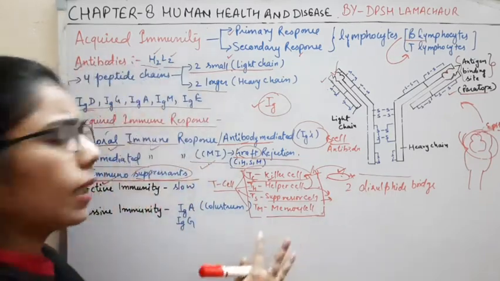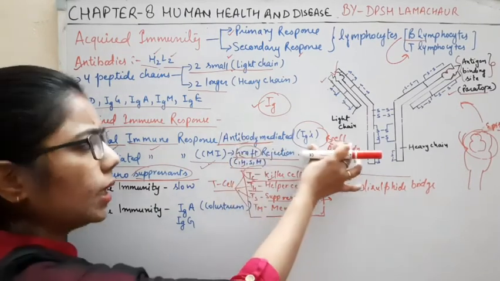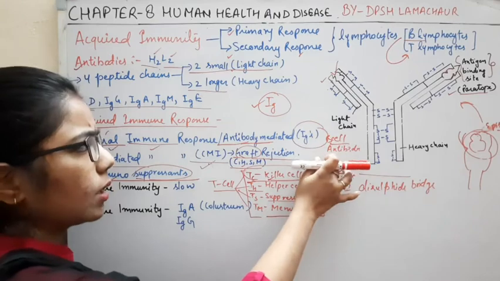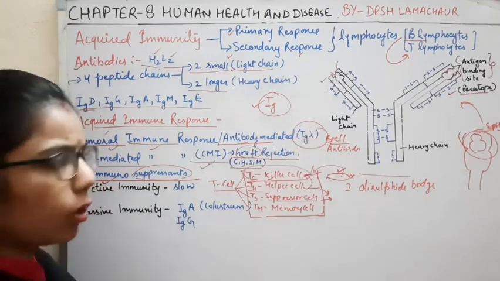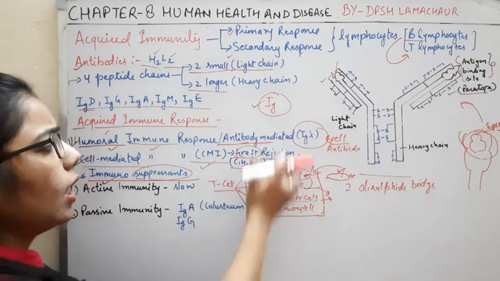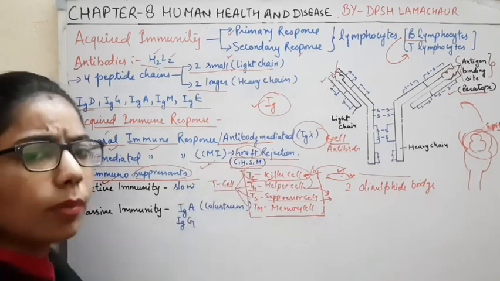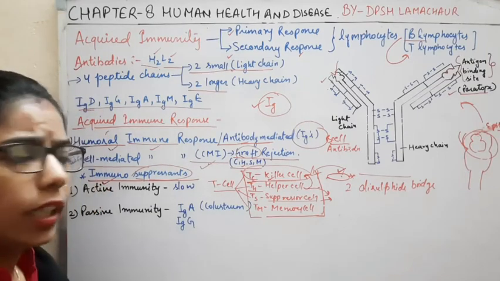So by this, the antibodies which are formed by the B cells, okay, we have done about these B cells, they are forming different types of antibodies for different pathogens, and with the help of these cells we are providing some immunity to the individual.